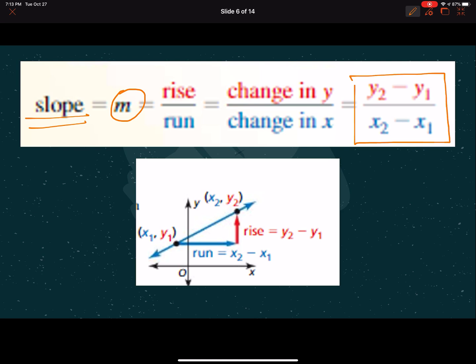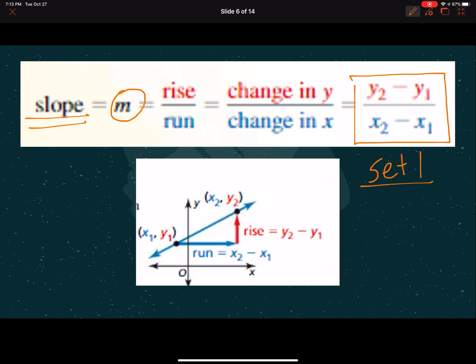Now those values down below, the x and the y, are called subscripts. They're just for identification purposes. We're not going to do any math with those. That just allows us to identify which set we are working with.